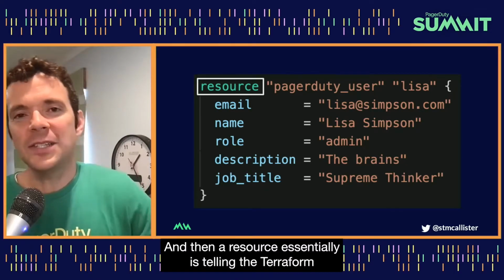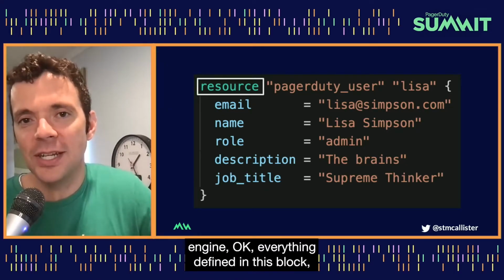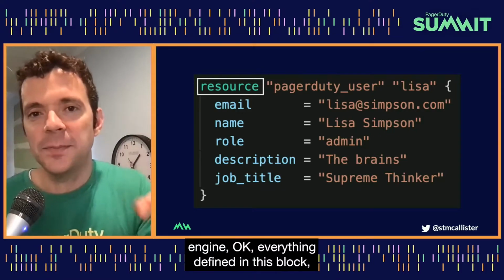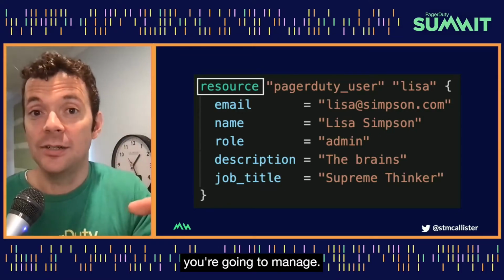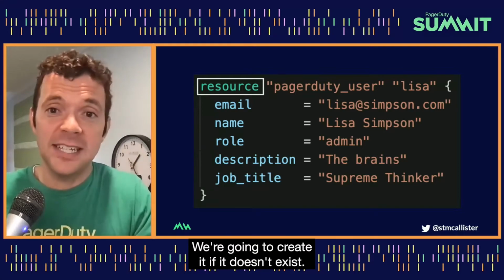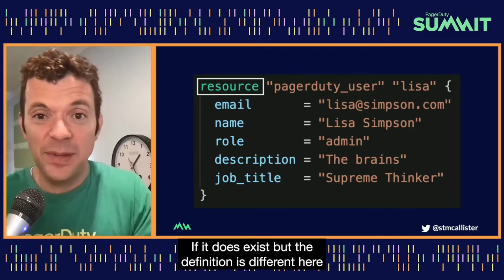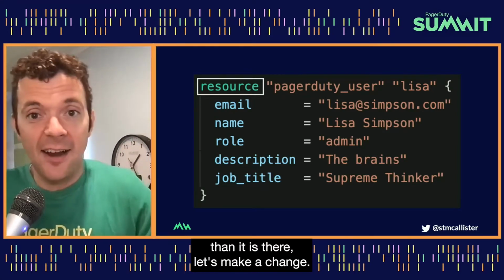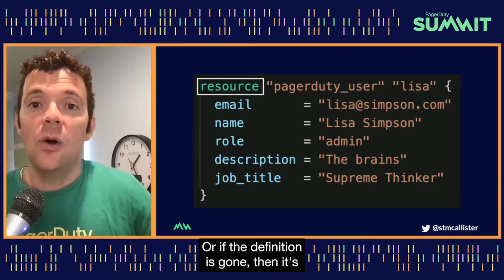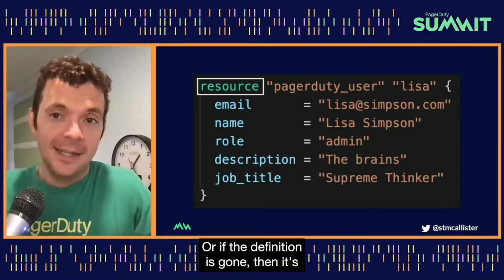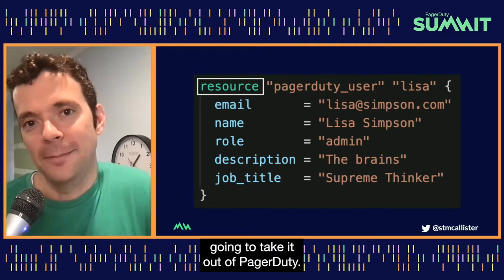And then a resource essentially is telling the Terraform engine, everything defined in this block, you're going to manage. We're going to create it if it doesn't exist. If it does exist, but the definition is different here than it is there, let's make a change. Or if the definition's gone, then it's going to take it out of PagerDuty.